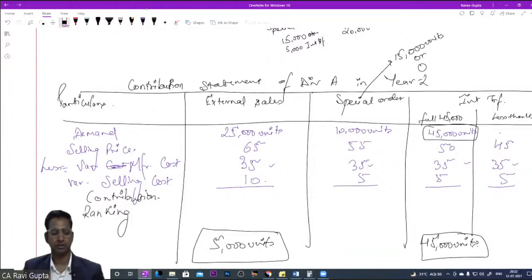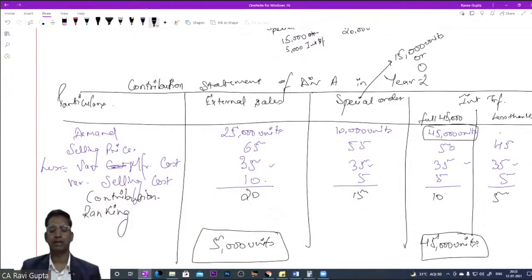Contribution per unit is 20 rupees, 15 rupees, 10 rupees and 5 rupees.